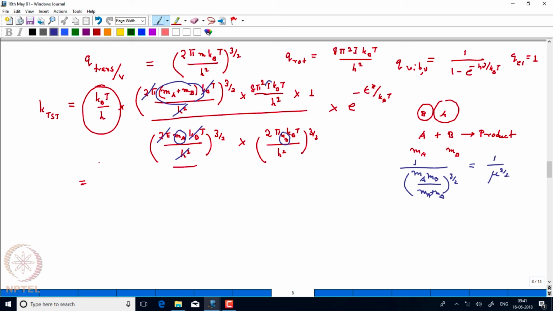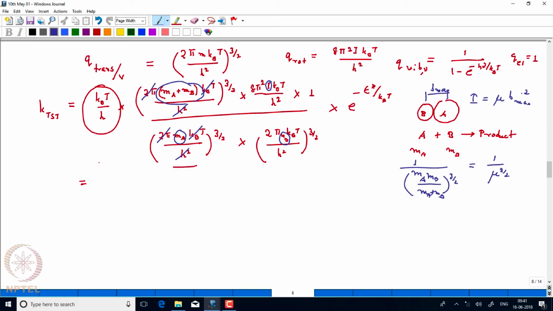Now this I is basically the moment of inertia, and for this I of the transition state, if we think that the distance is what we already denoted as B max, so the moment of inertia is nothing but μ B max squared.